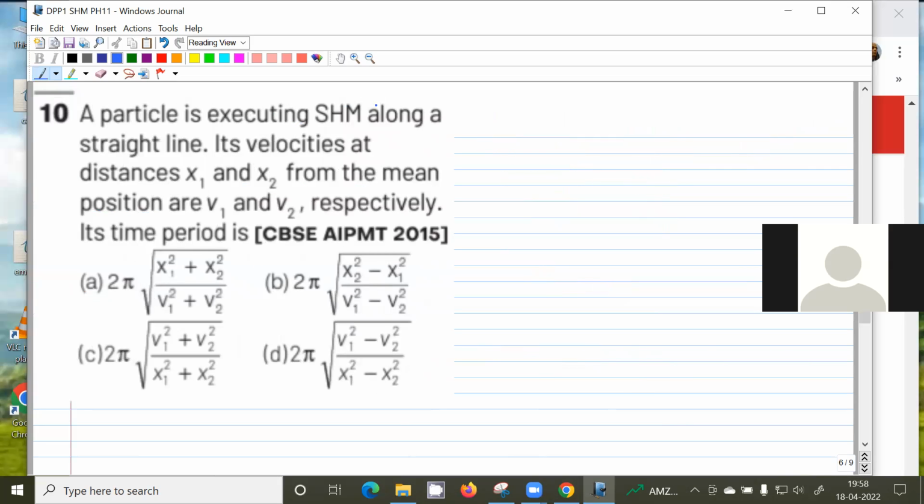So even sine and cos, you have to do this one. Okay, a particle is executing SHM along a straight line. Its velocities at distances x1 and x2 from the mean position are v1 and v2 respectively. So its time period is?